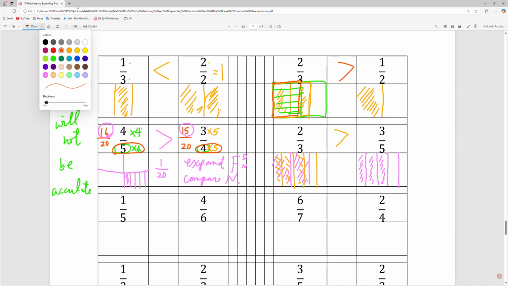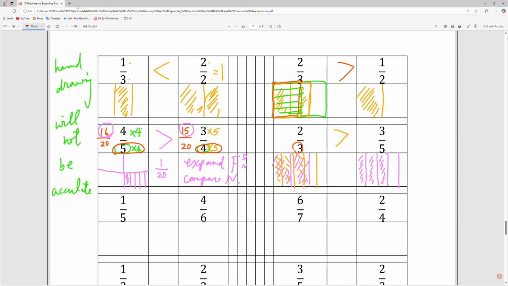Same thing. You have 3 and 5 for the denominators. I want to make them have the same denominator. So I multiply 5 to both numerator and denominator, so I have 10 over 15. Same thing, I multiply 3 to both numerator and denominator, so I have 9 over 15.